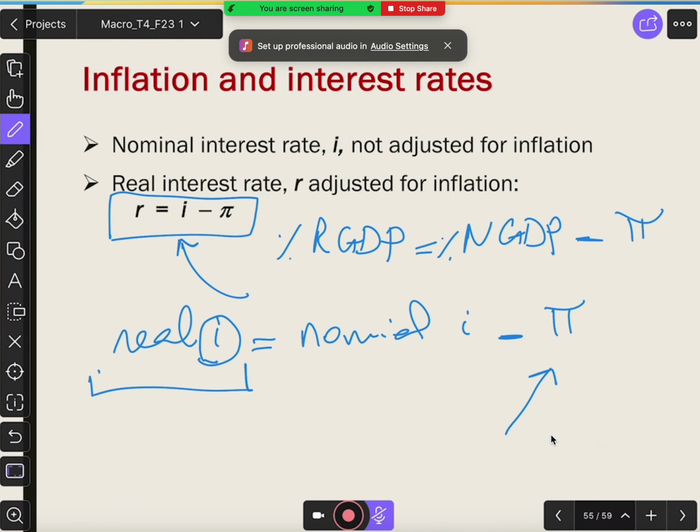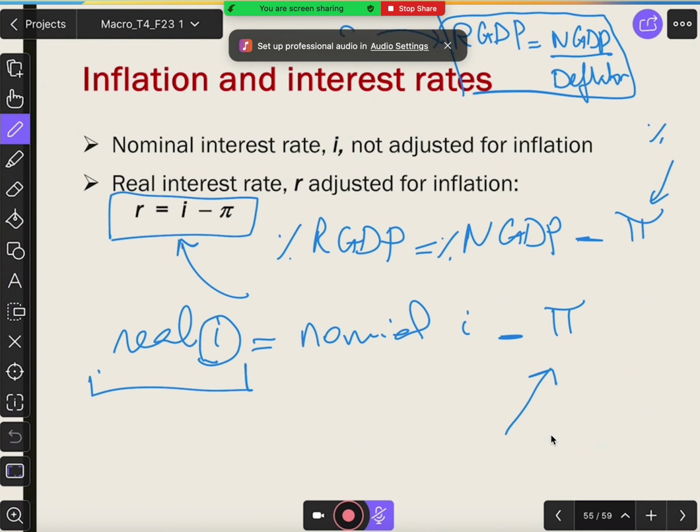Inflation is in percentage already, but if I want to write it in terms of dollar value, then real GDP is equal to nominal GDP over the price index, let's say the deflator. Just notice that when I write it in terms of a division, then it's in dollar terms. When I write it in terms of subtraction, then I'm taking the log, as we did in class.